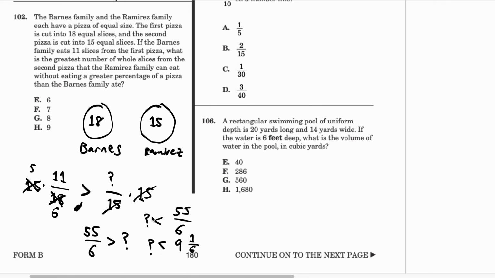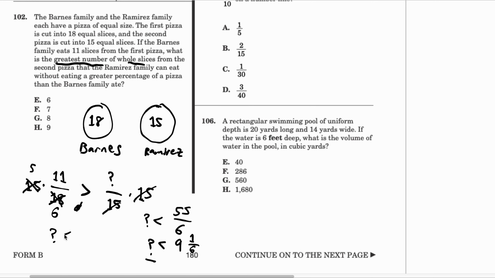But we want our question mark to be as great as possible, right? Because the greatest number of whole slices. So let me clear up some space here. So if we want our question mark to be as great as possible, and it needs to be an integer, right? Because you can only eat a whole number of slices. You can't eat a fractional amount.